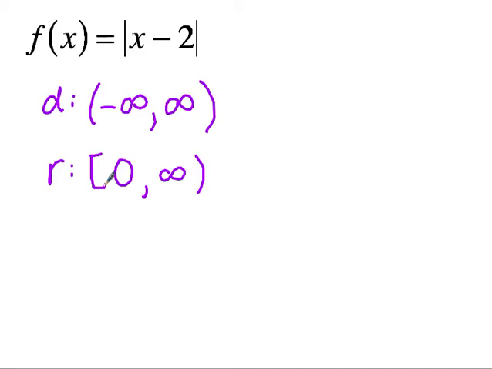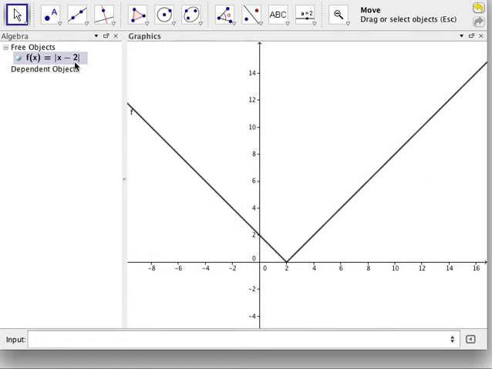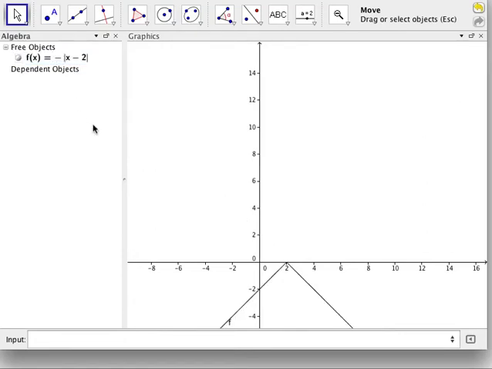Questions? I think I got one more up here. There we go. Negative the absolute value of x plus 1. So what you're going to do here, once again, we can double-click it, and I can just put a negative sign, a dash, right in front of that absolute value.